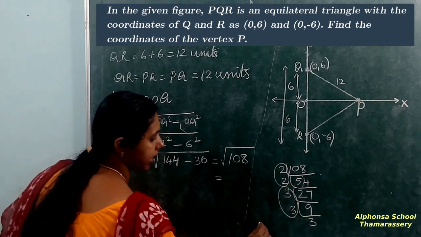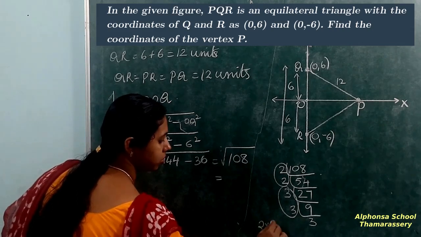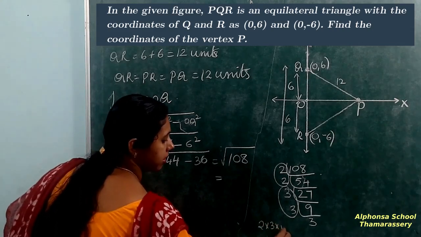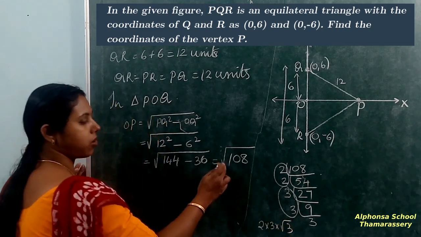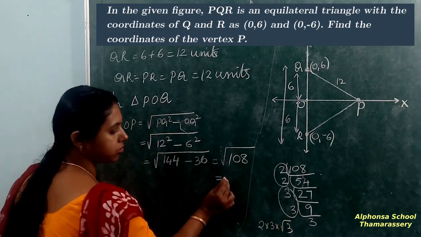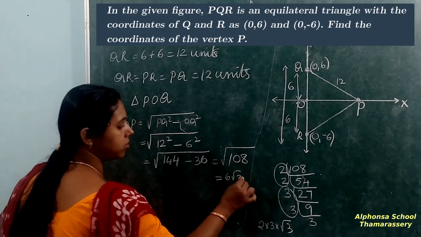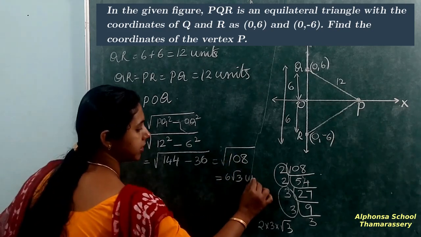Those which have pairs, you can take one of each. So 2 into 3 into root 3. So the square root of 108 is equal to 6 root 3 units.